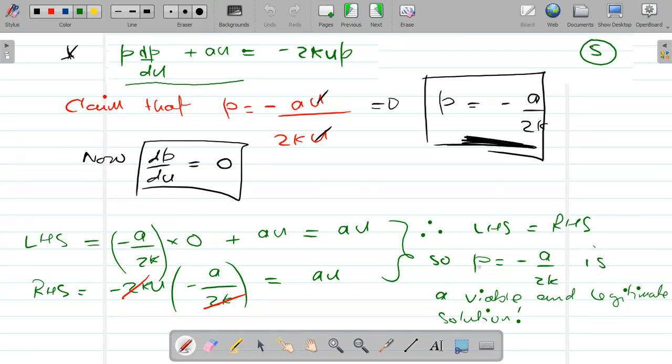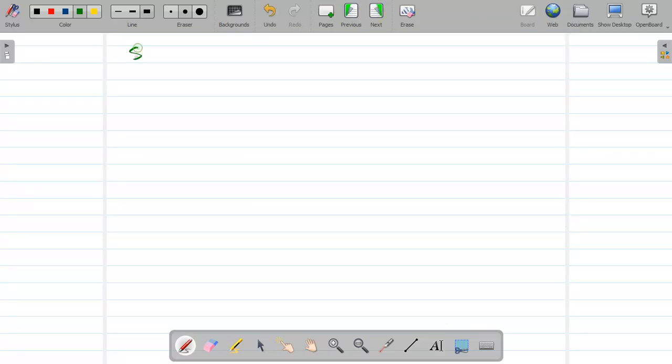So we're going to substitute u dot equal to p. So what we'll have now is, let's just go back to black.